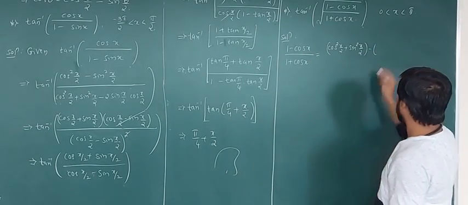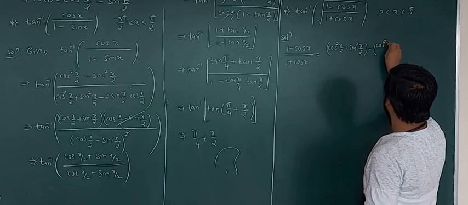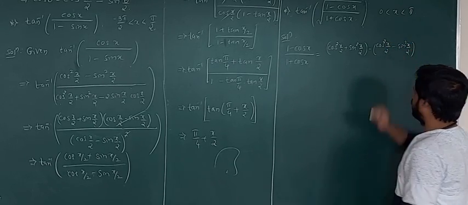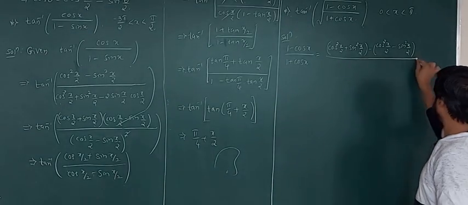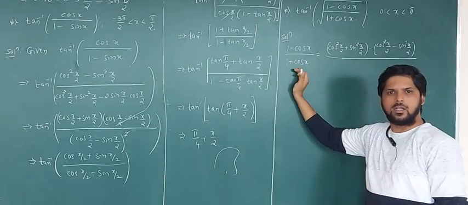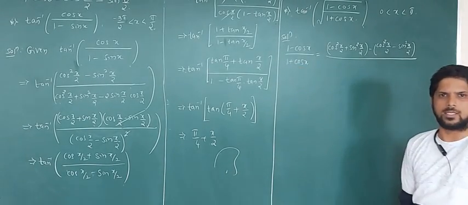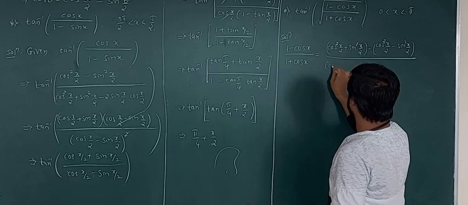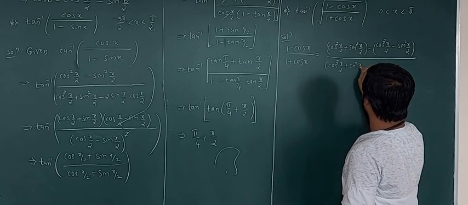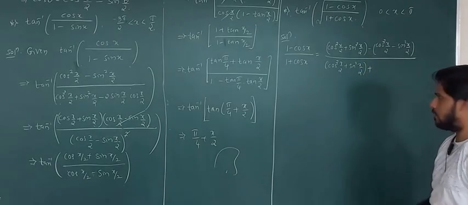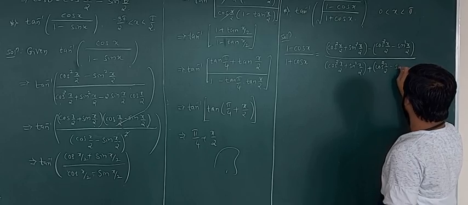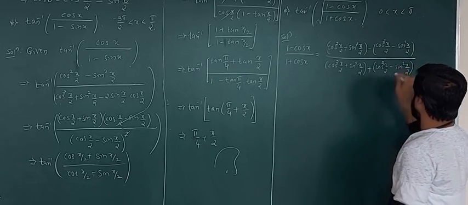We know the cos x formula, that is cos square x by 2 minus sin square x by 2, divided by, in the denominator, the numerator is also the same, in place of minus we have a plus sign. So I will replace that: cos square x by 2 plus sin square x by 2 plus cos square x by 2 minus sin square x by 2.